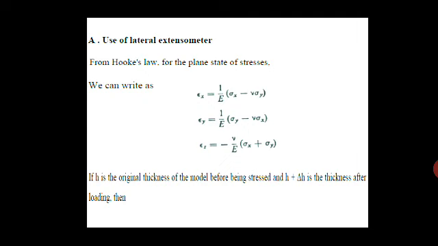Let us consider the original thickness of the model as h, and after stressing, the model will have a thickness of h plus delta h, which is the thickness after loading. Then the strain along the z direction can be taken as delta h by h, that is the change in thickness divided by the original thickness.